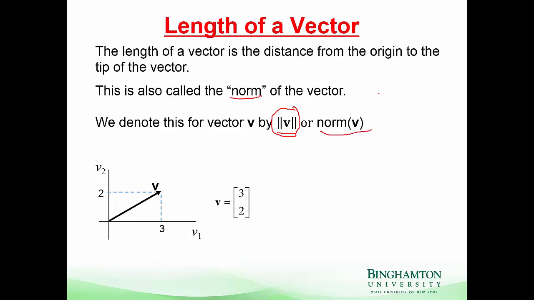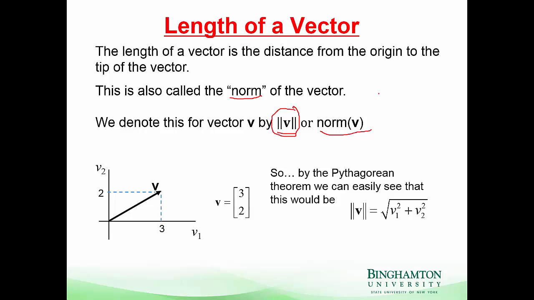So here's a vector in 2-dimensional space in R2. First element is 3, second element is 2, and we can see how long it is. But we also can see by the Pythagorean theorem how we should characterize its length, right? We've got a 3 and a 2.